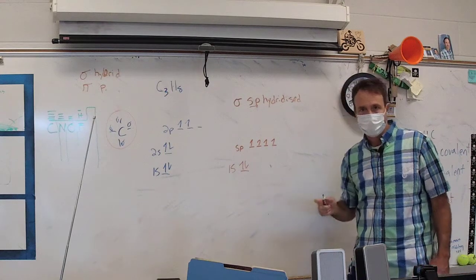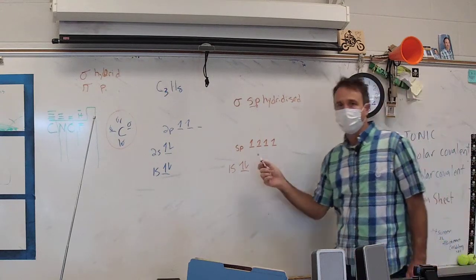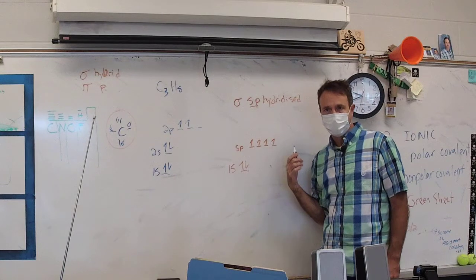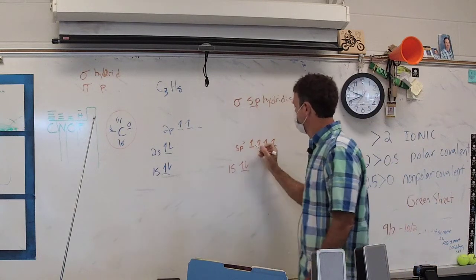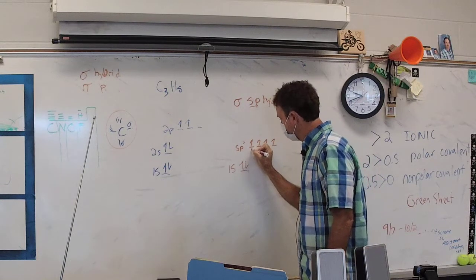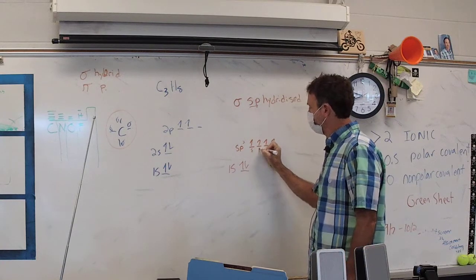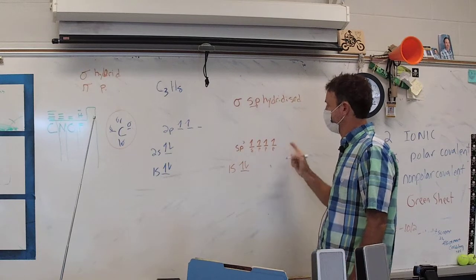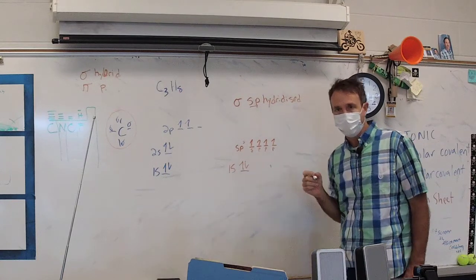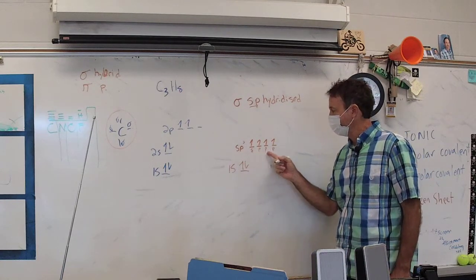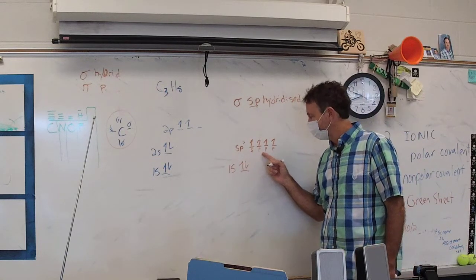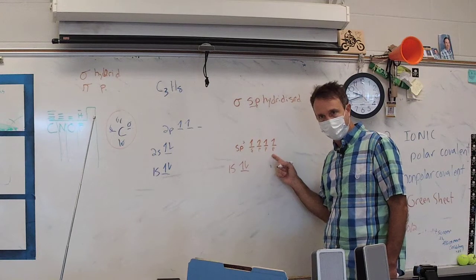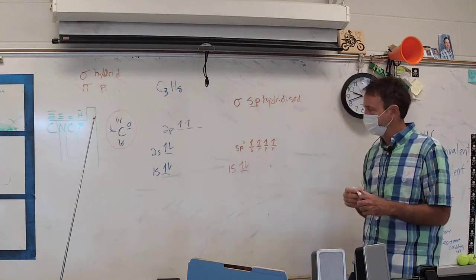It looks like it would be called sp4, but it's called sp3 because the first one is the s that was hybridized, and then 3 of the p orbitals were pulled into the hybrid bond. The s is from the 2s, and the p's are from the 2p. So that is sp3 hybridized.